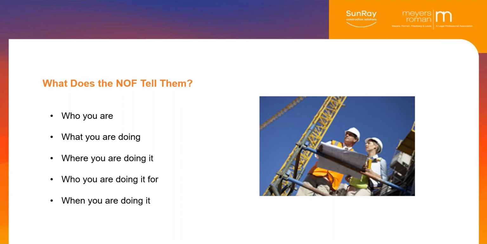The last sentence of the letter says, we are doing this work, and our first day of work is or was, will be or was, X date. So what that's telling them is when they have to start looking for lien waivers from you.